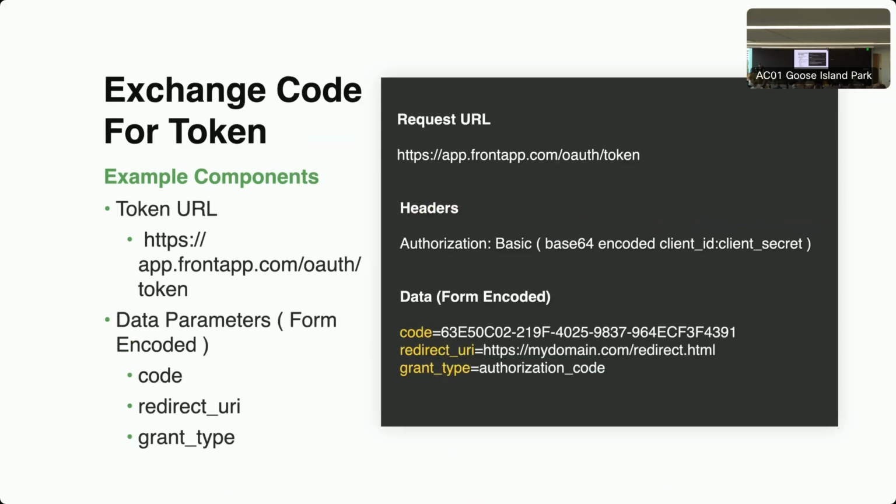Next, when that script gets called, again, there's going to be a URL that we have to hit, but these are API calls. And this will all be handled through the code generator. But the basic pieces of that: we've got the URL we're going to hit. We've got authentication that we need to do in the form of a header, which is going to be the client ID and client secret, base64 encoded.